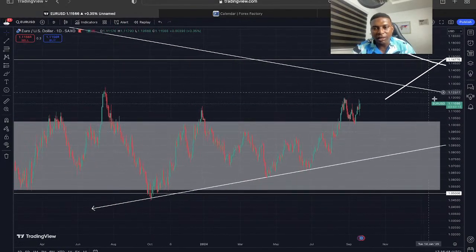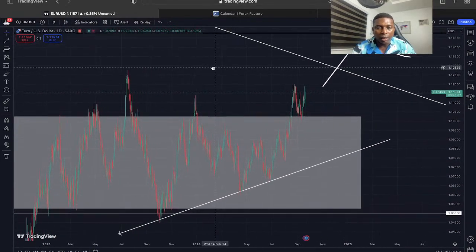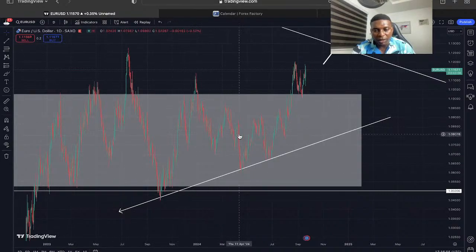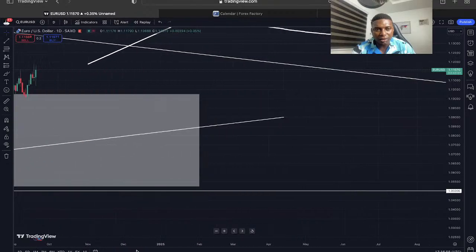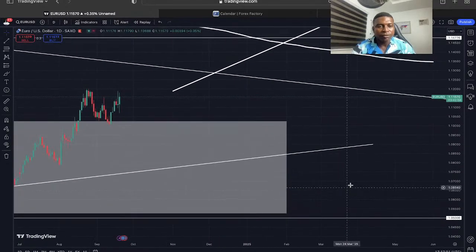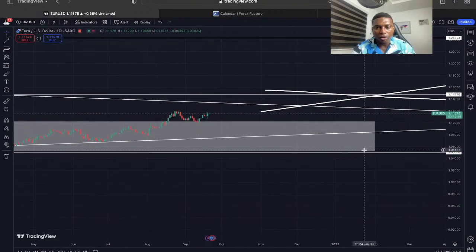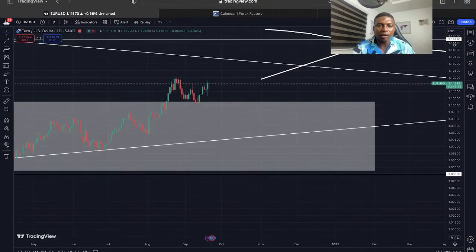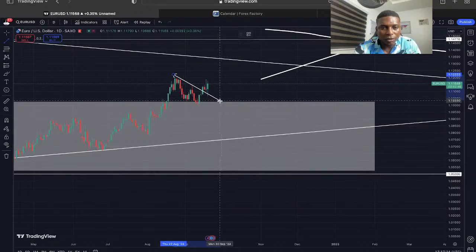Now, as you can see here, price has been ranging. So let's zoom in on the current market reality. Let's say on this daily time frame, we checked out this level.